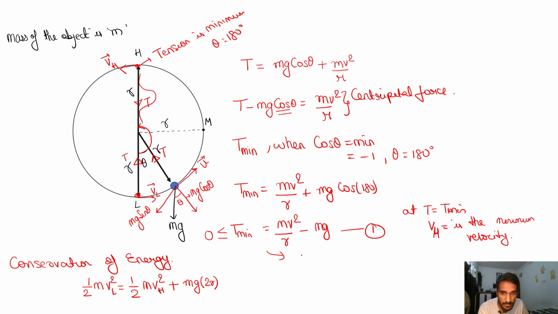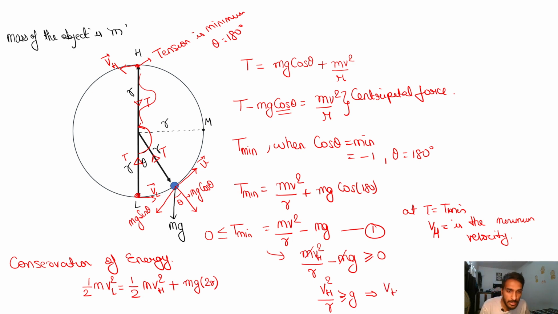So we write mVH square upon r minus mg is greater than or equal to 0. So VH square upon r is greater than or equal to g, which implies m gets cancelled out, because on the right hand side we have 0, right?